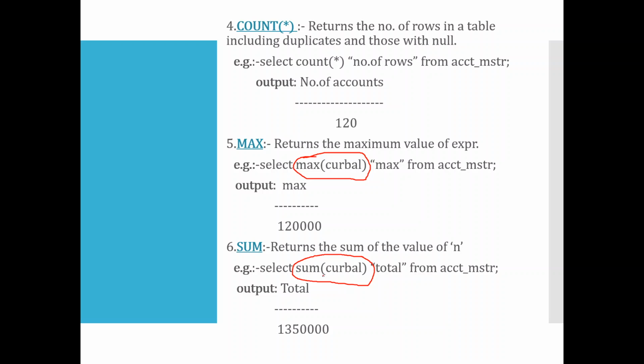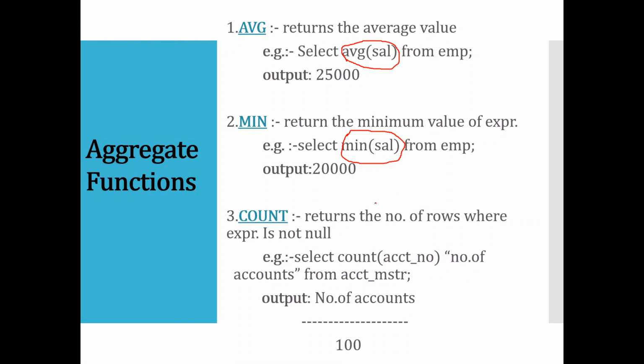Right? So this is the syntax. Select sum, select max, and in brackets you are going to provide the set of values or the column name. Right? Now let's see count. Count will provide the number of records available in a particular column. So it will not consider any null values.